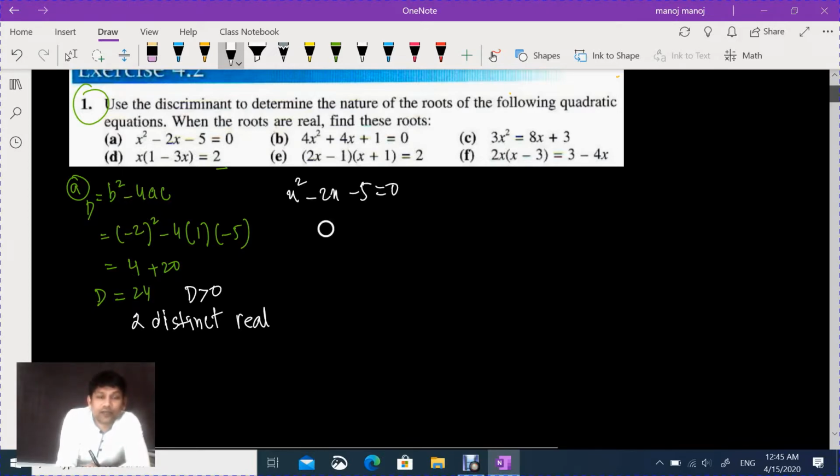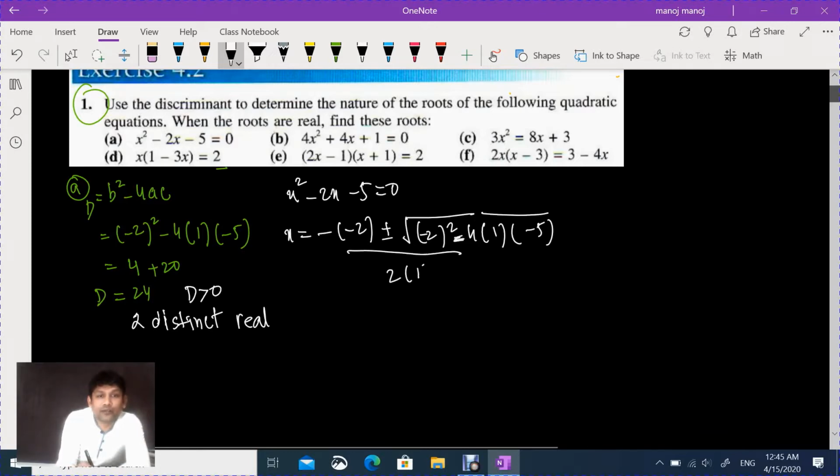I think factors are not possible, so you have to use the quadratic formula. x equals minus b, minus minus 2, plus minus under root b square, minus 2 square, minus 4a, where a is 1 and c is minus 5, upon 2a, a is 1.